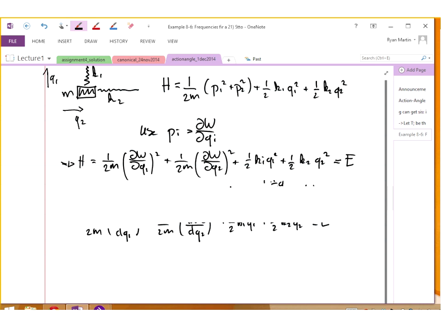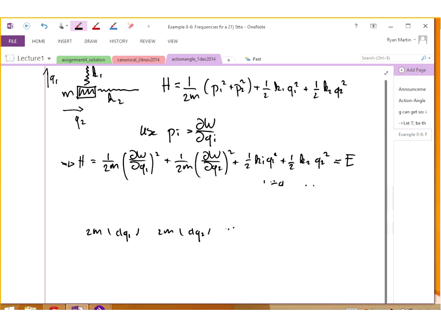So I can write that 1 over 2m (dW1/dq1) all squared plus a half k1 q1 squared equals a constant, and I'm just going to call that alpha 1.